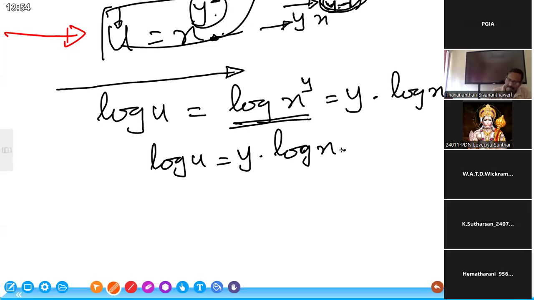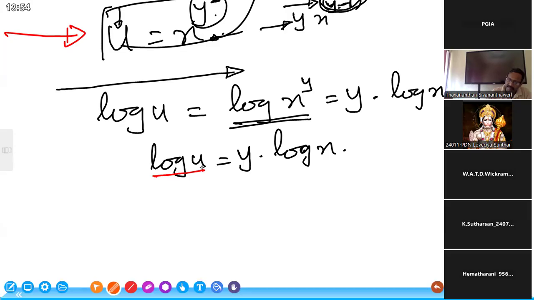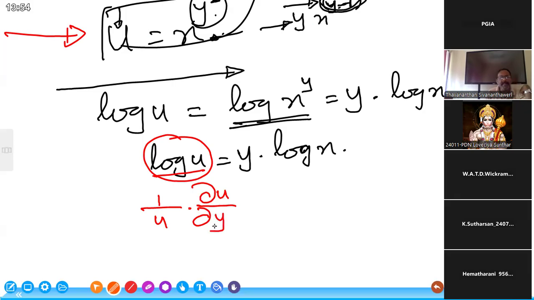For example, I will take a very simple one. We differentiate this. When you differentiate log u, we get 1 over u into ∂u by, let's say, ∂y. I'm differentiating with respect to y. Later we will see with respect to x. This is a constant, isn't it?